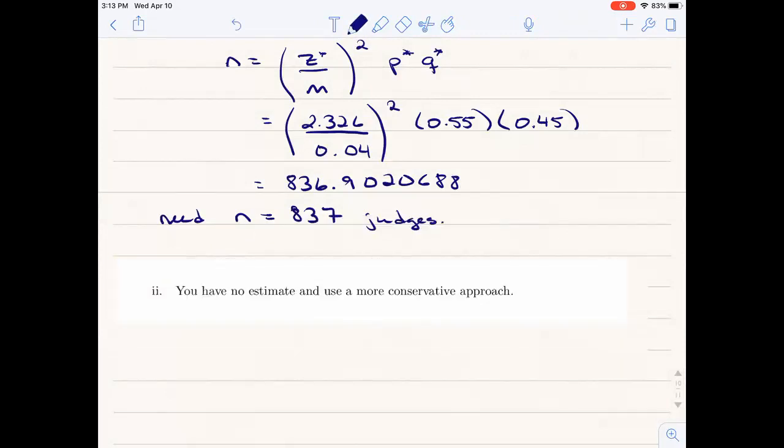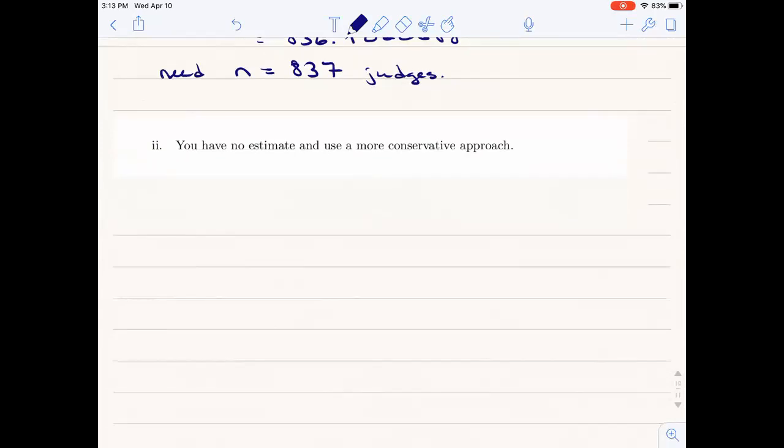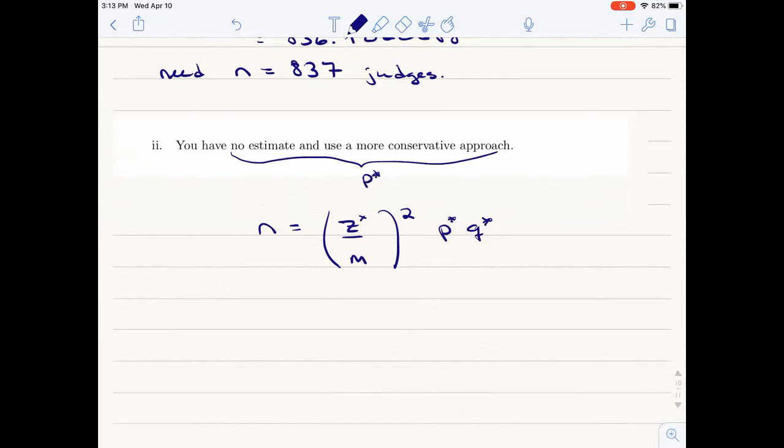Assume that it's just a 50-50 split, and that will give you your biggest estimate for N that you can get. So then N is going to be Z star over M again squared times P star Q star. But what this is saying is, you have no estimate, so P star is going to be 0.5.